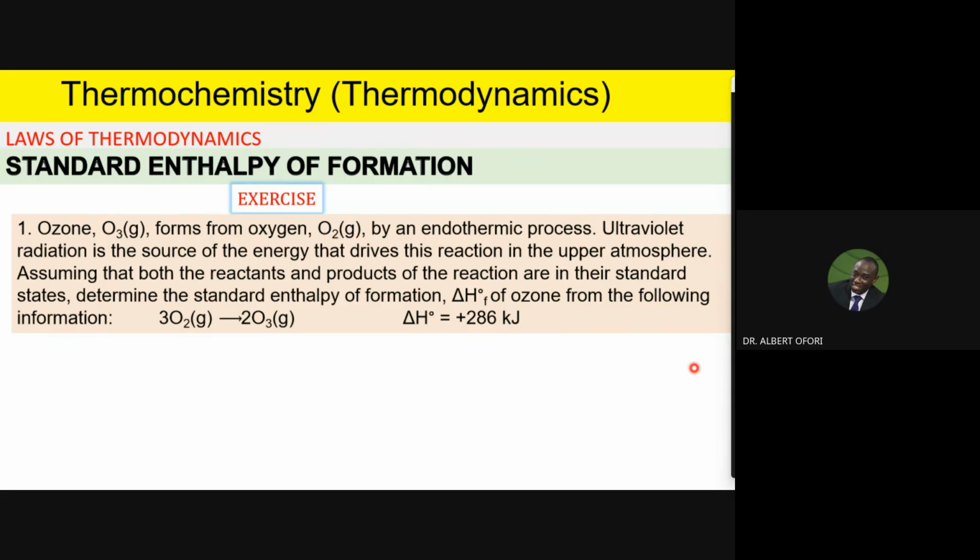It says assume that both the reactant, ozone, and the product, oxygen, are in their standard states. That's how we have this standard condition. Now determine the standard enthalpy of formation for ozone.